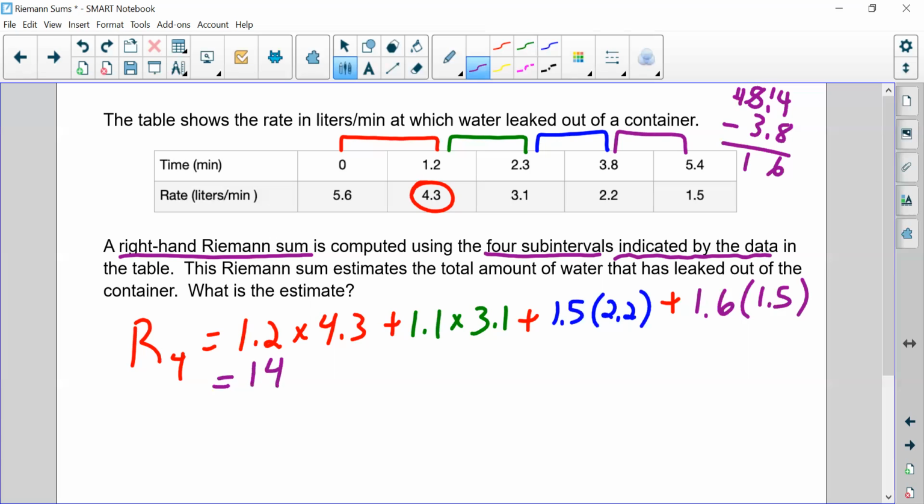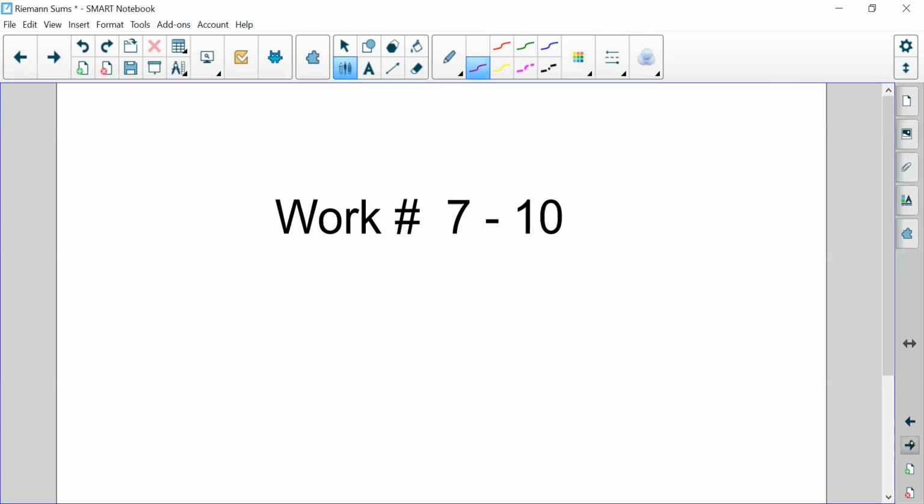I think I got 14.27. That would be my estimate rounding to 2 decimal places. Any questions over that? All right, work the next grouping, 7 through 11.